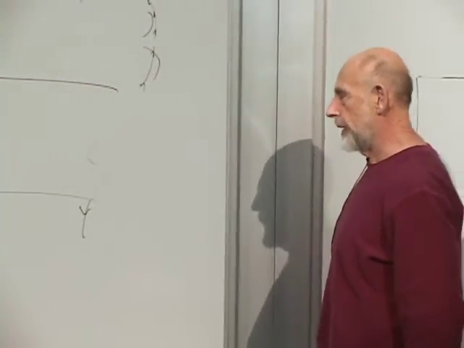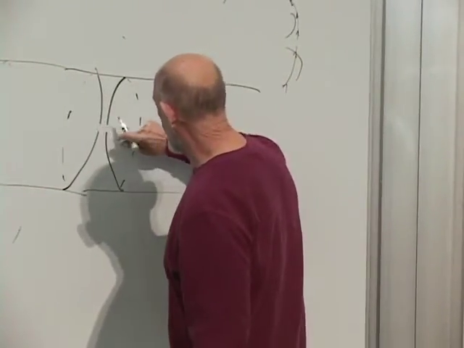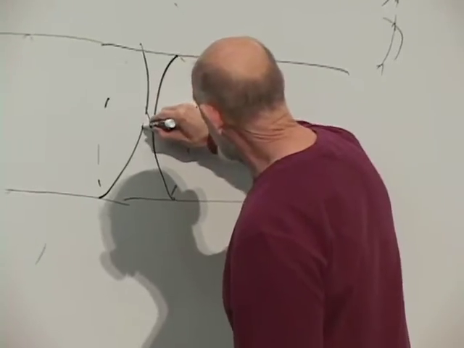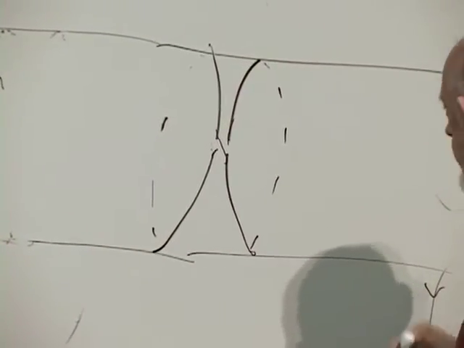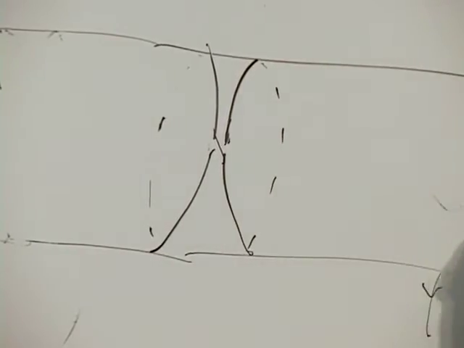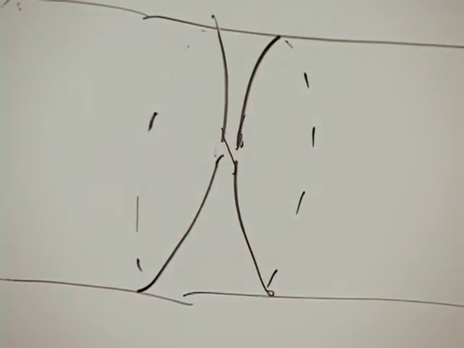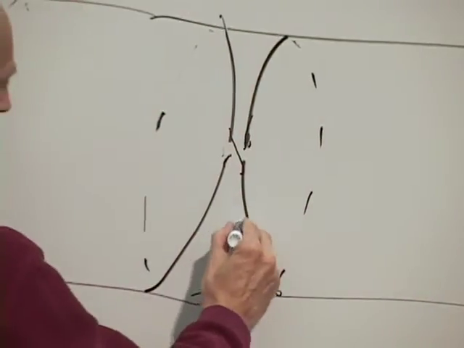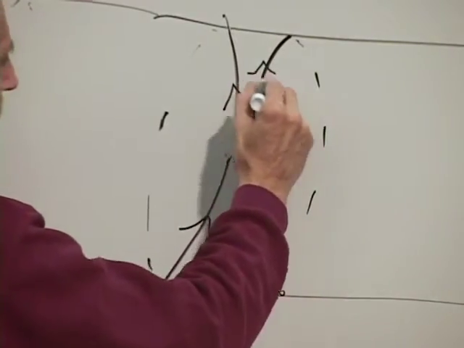You can't unwind this. You can do something. You can have a process of splitting and joining which does this, which interconnects them a new way. Can you see what I've drawn? We've crossed them, but still, after they've crossed, the arrows are still continuous. There's no contradiction in the direction of the arrows.